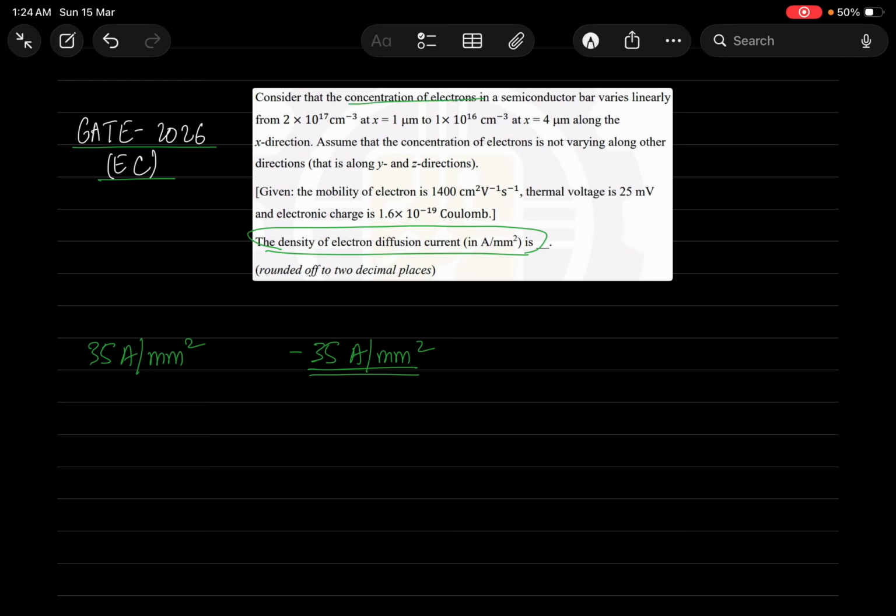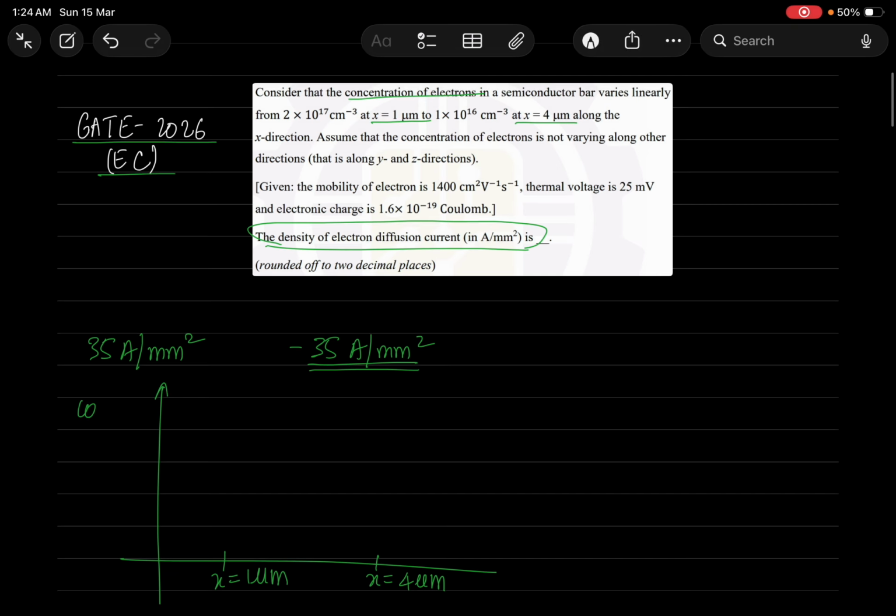In this question they have given the concentration of electrons at x equal to 1 micrometer and at x equal to 4 micrometers. So this is x equals 1 micrometer and this is x equals 4 micrometers, and this is the concentration per centimeter cube.